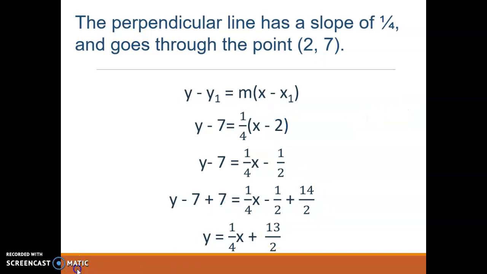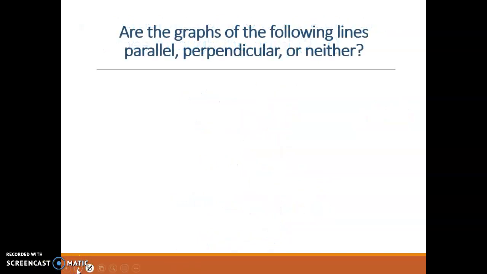All right, and last thing, we want to look at these graphs, look at these slopes, and determine whether our lines are going to be parallel, perpendicular, or neither. Remember that parallel lines have the same slope, so their m's are equal, but they have different y-intercepts. Perpendicular lines have negative reciprocals.